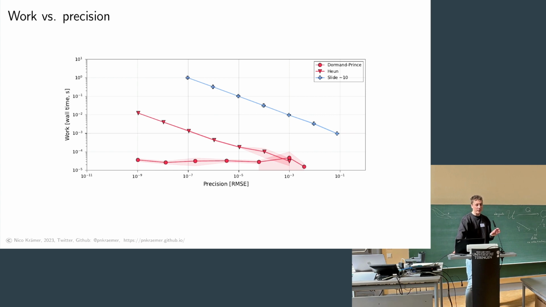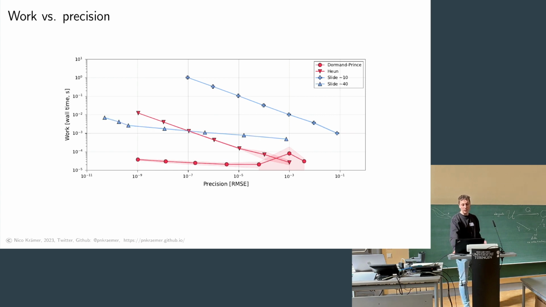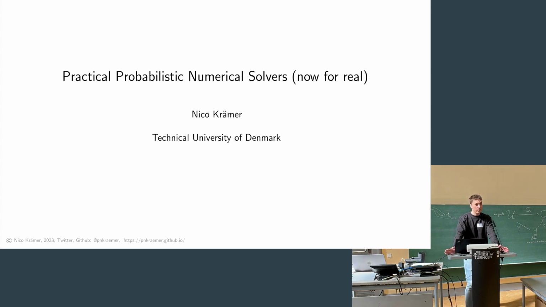So the main message of this lecture today will be how to get from this 1,000 or 10,000 times slower algorithm to something that is way more in the ballpark of what non-probabilistic algorithms usually deliver. In fact, I'm going to show you a few diagrams where we're actually faster than the Dormand-Prince method. So now, let's get started with the actual lecture.